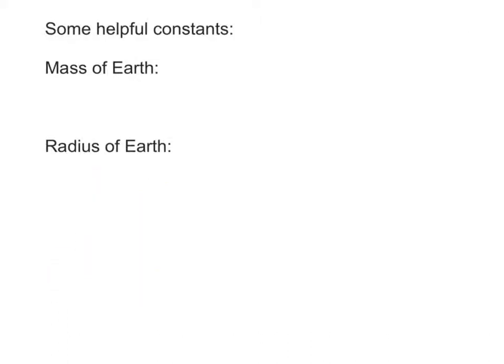Okay, some helpful constants that you might want to also store in your calculator. The mass of the Earth, we're going to call that a capital M, and this is equal to 5.98 times 10 to the 24th kilograms.